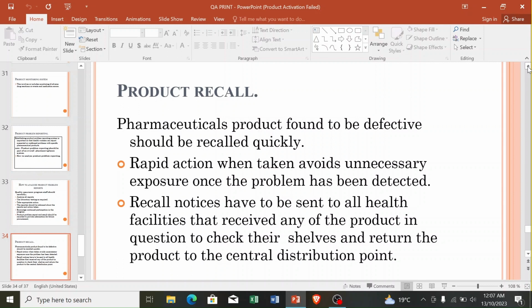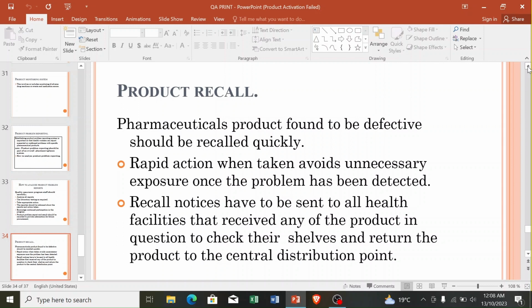Okay, so that takes us to what we call product recall. Pharmaceutical products found to be defective should be recalled quickly. Rapid action when taken avoids unnecessary exposure once the problem has been detected.